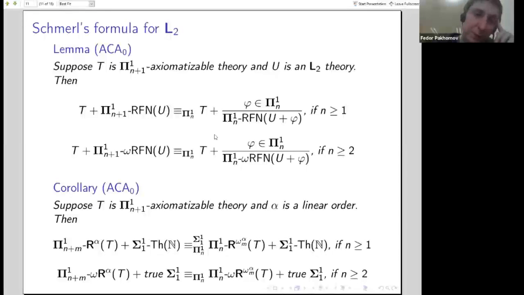Let me remind you, in the case of first order arithmetic, the result was that Π n plus 1 reflection is conservative over the closure of the theory under the Π n reflection rule. And we have the same thing for omega model reflection. So now, of course, Π1 n plus 1 omega model reflection corresponds to the Π1 n omega reflection rule.